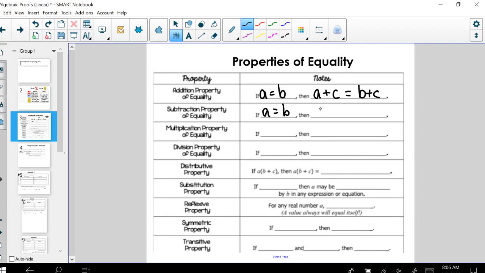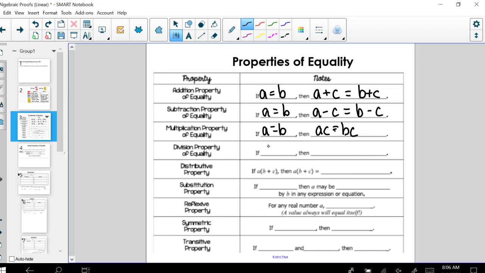If A is equal to B and then I subtract the same thing from both sides, they're still going to be equal. Multiplication property of equality is the same thing. If I start with two things that are equal and I multiply them by the same thing, then they're still equal.